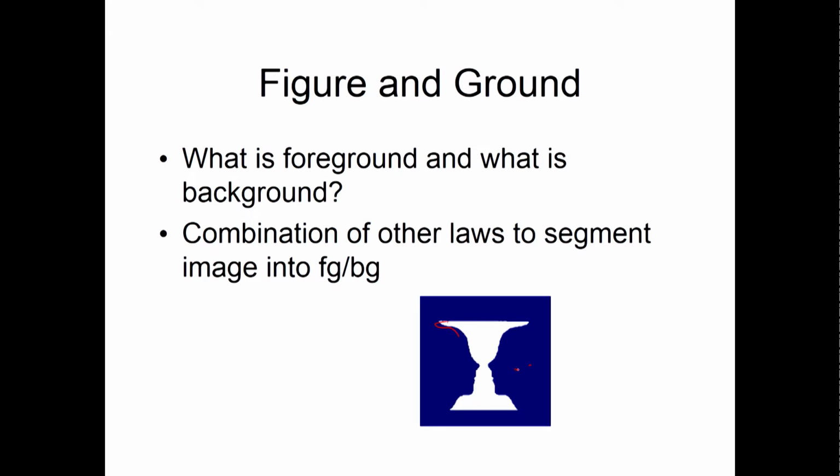So, when you focus on the background, a different image emerges. When you focus on the white foreground, a different image emerges, right. So, it depends upon what is your foreground, what is your background. Reversible figure and foreground-background relationship.